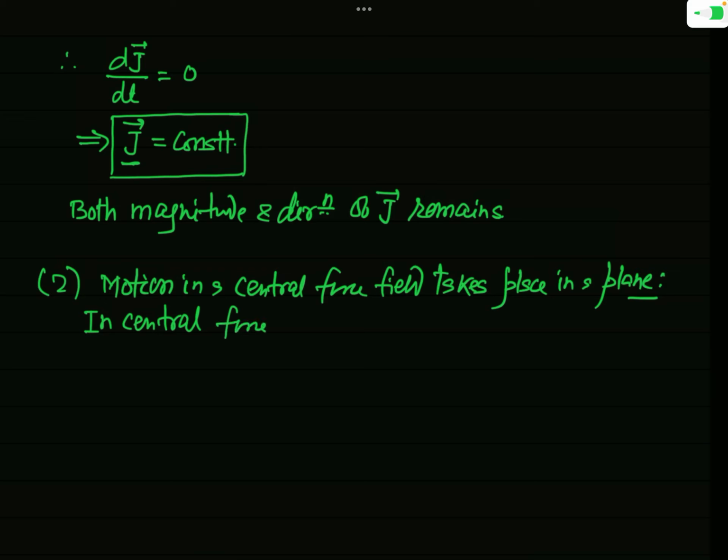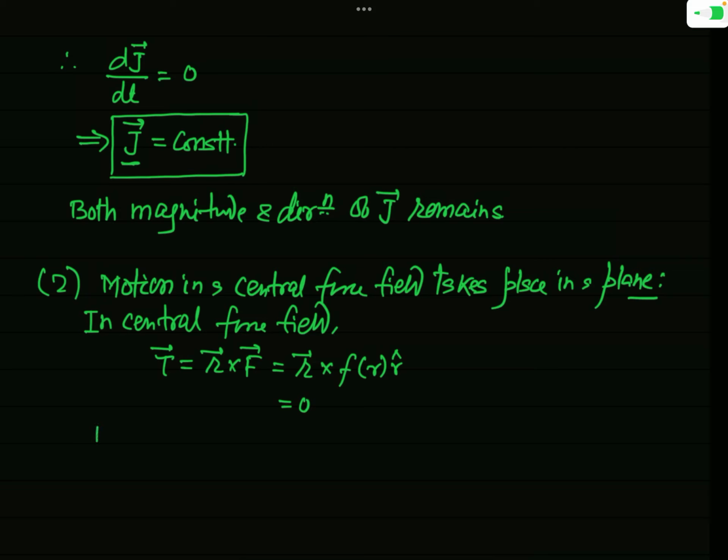Torque tau is defined as R cross F. But as F is a central force, F is simply equal to F of R times R hat. And you have seen that this product becomes 0.